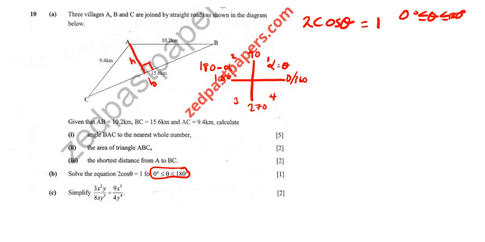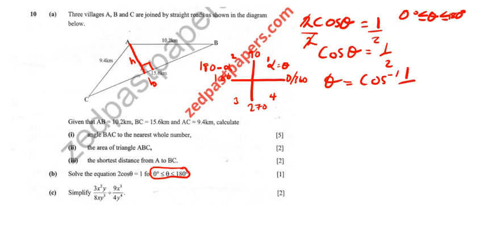So we are going to solve this equation by dividing by 2 on both sides. We are going to have cos theta equal to 1 over 2. So remember, when we introduce the inverse, it will cancel, so it will be cos inverse of 1 over 2.